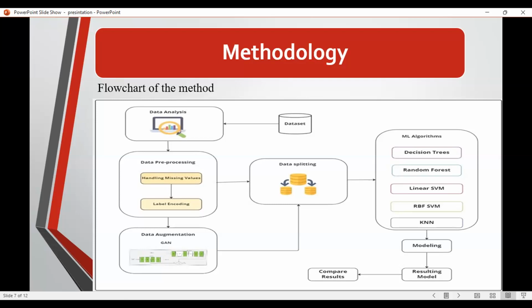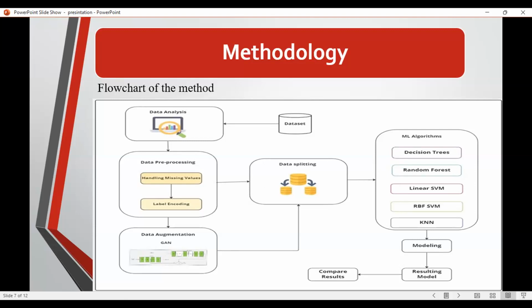Specifically, we check for missing values and label encoding. And after that, we split the data and implement 5 machine learning algorithms: decision tree, random forest, linear SVM, RBF SVM, and KNN algorithm, and model it and get results.